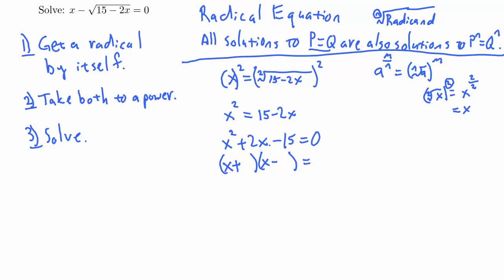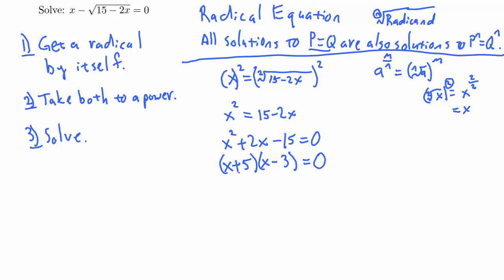Well, that's 5 and 3. 5 times 3 is 15. 5 minus 3 is 2. Fantastic. The question is which one goes where, because these are opposite signs. It does matter. Because this middle term is positive, the larger of the two, 5 and 3, needs to be positive, which means 5 must be positive, and 3 will be negative, with a 0 over here.